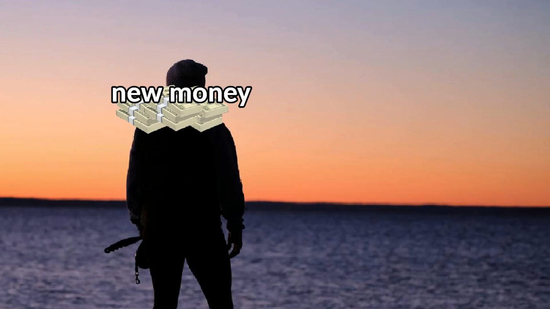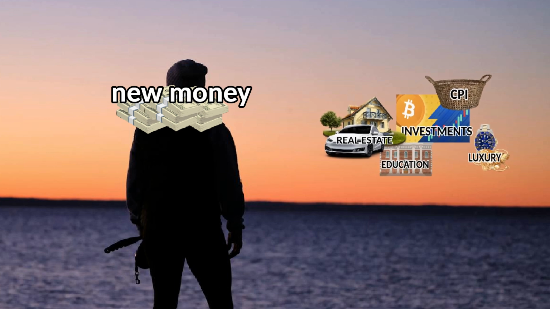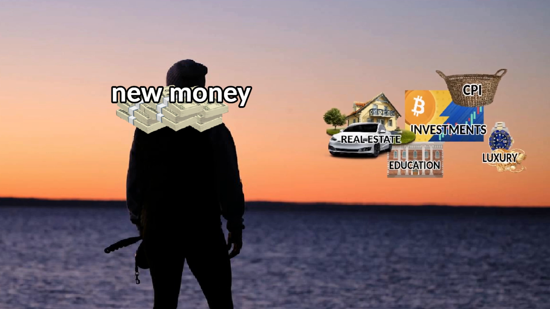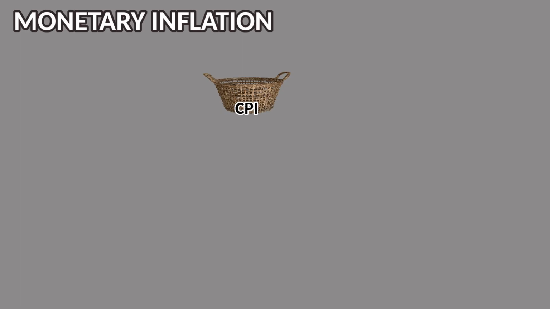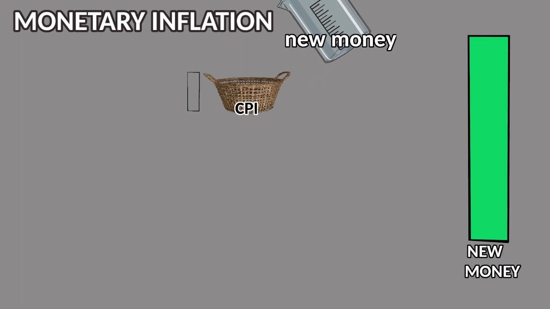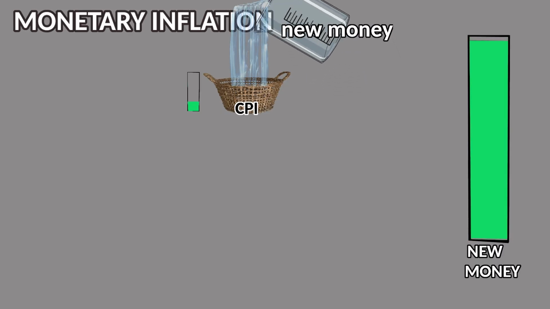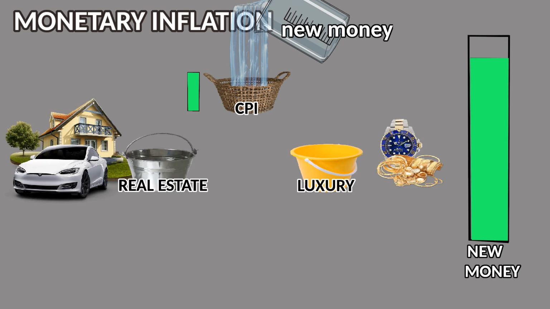An illustration for what happens to the new money on currency debasement is there is a CPI basket on top, and the new money on the system flows here first. Once it's paid, money can now flow to the goods people want, like a house, car, a Rolex, or jewelry.